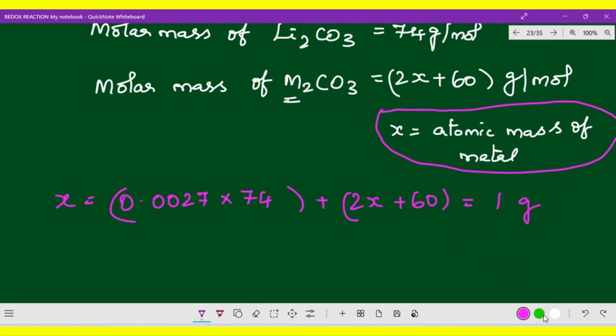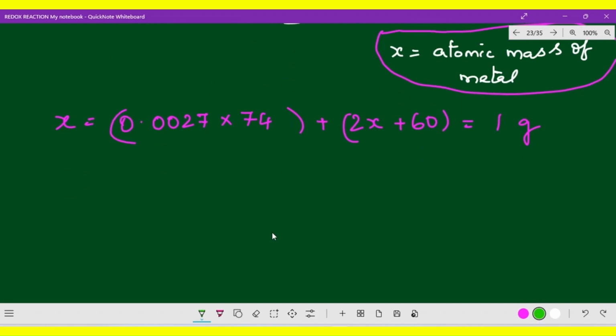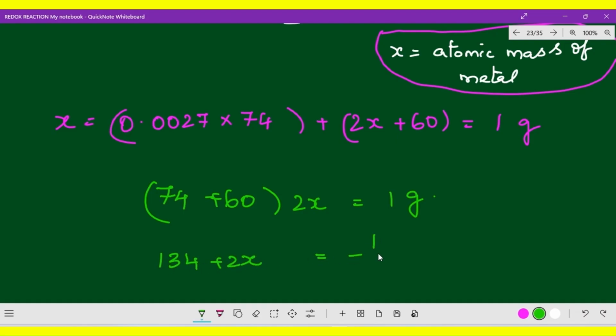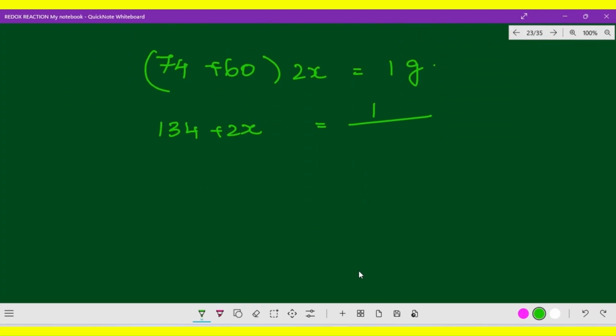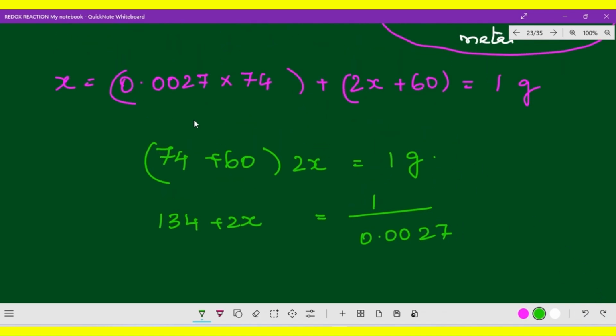Here 74 plus 60, we can bring this point: 134 plus 2X equals 1 gram divided by 0.0027, the number of moles.